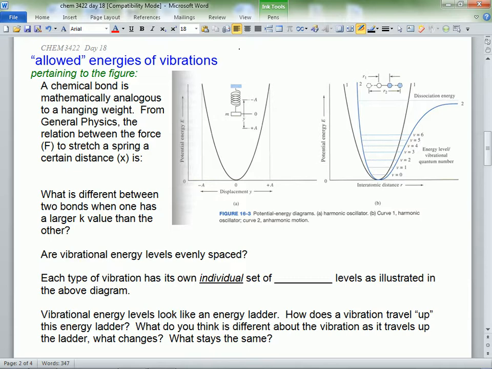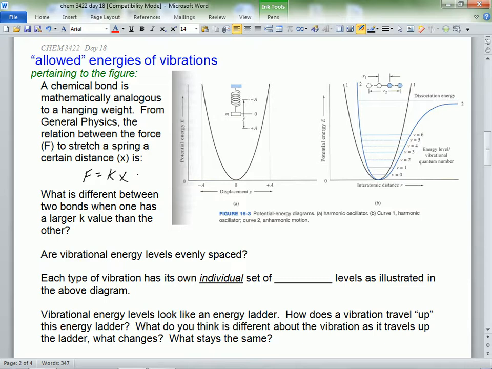So pertaining to this figure, a chemical bond is mathematically modeled as a spring.